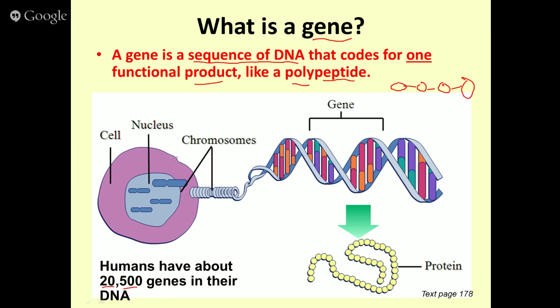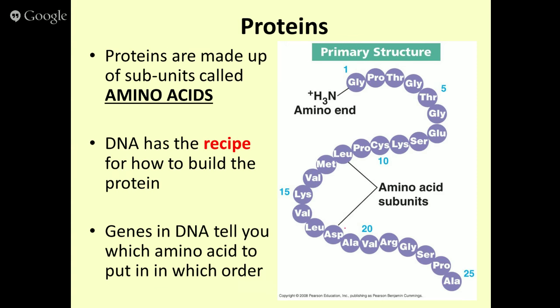So remember, inside your cell, you have your nucleus. Inside your nucleus, you have your chromosomes. Inside your chromosomes, you're going to have specific areas that are called genes. And each gene is a specific piece of DNA that codes for how to make a particular product, like a particular protein. So remember, proteins are made of amino acids. These are the building blocks of proteins.